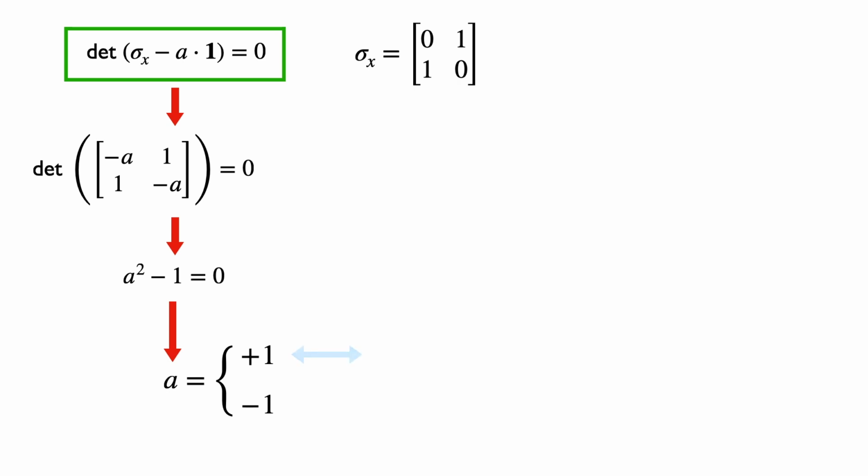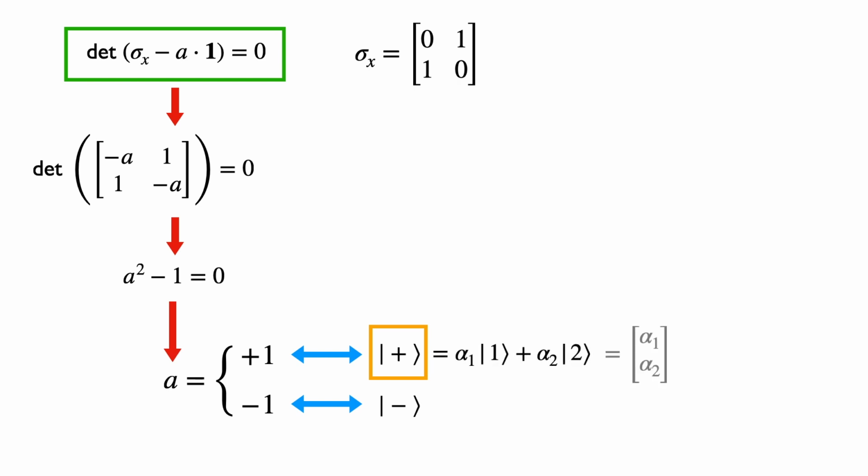Each of these corresponds to their respective eigenvectors, the plus state or the minus state. Expressing the plus state in the 1-2 basis, we have this, which can be represented by the column with entries alpha 1 and alpha 2. Finding these complex numbers will give us the plus state. The minus state can be treated in the same manner.